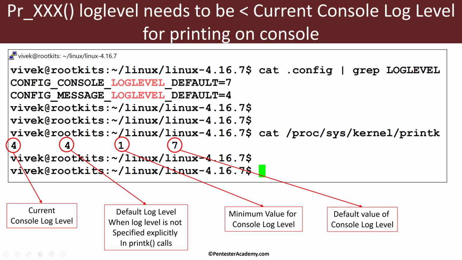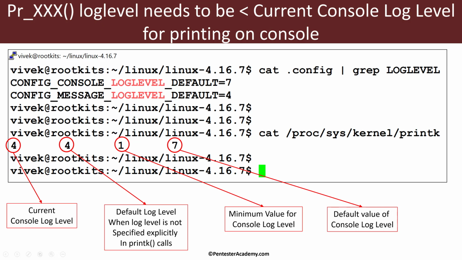So to look at the current log levels, we can do a cat on /proc/sys/kernel/printk, and we'd find 4 numbers. The first number is the current console log level, and you can see that it has been brought down to 4, which means anything of higher priority than 4, which is lesser than 4, gets printed.